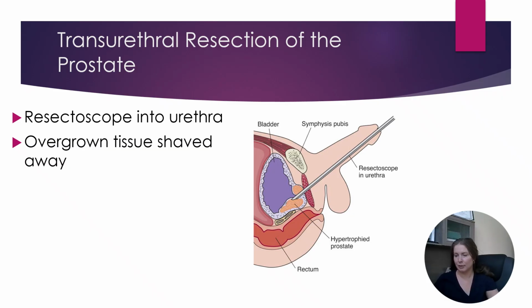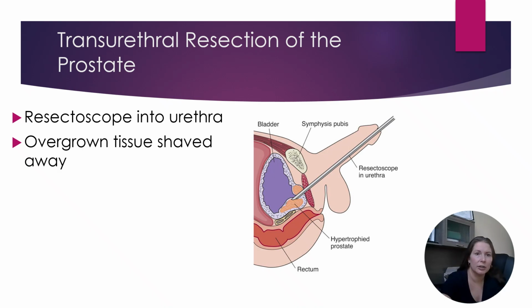It's a bloody surgery, okay, it's bloody, but it is the gold standard when our medications and our less invasive procedures fail. The patients after having this are going to be hooked up to continuous bladder irrigation.